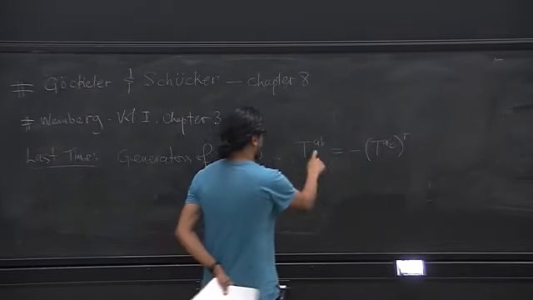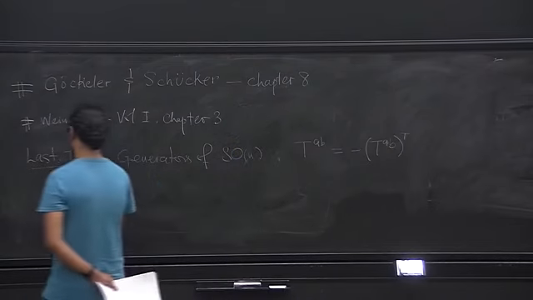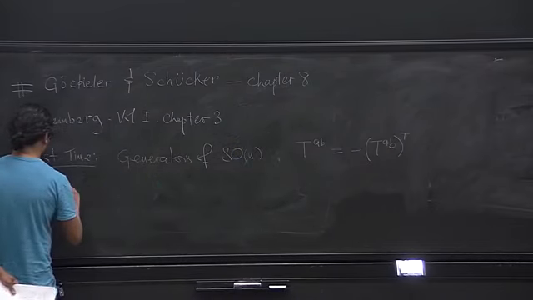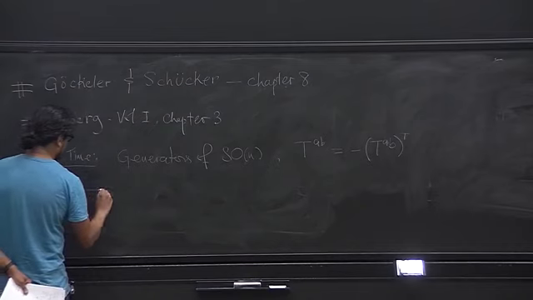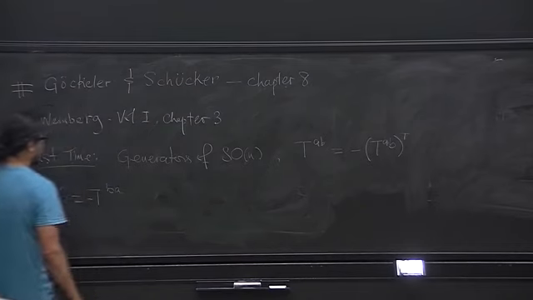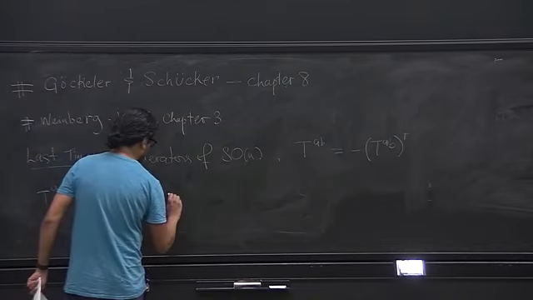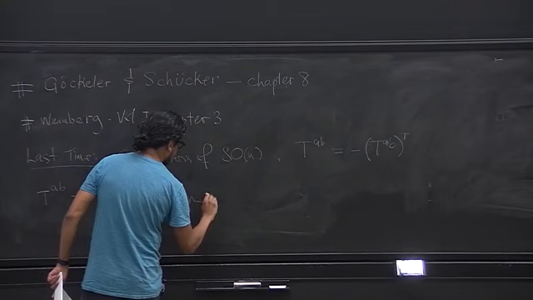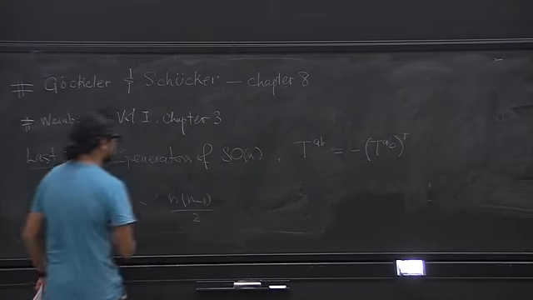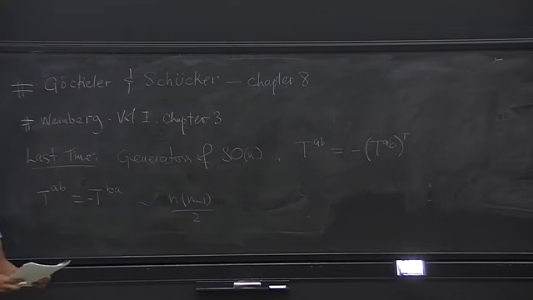And we labeled them with two labels in a clever way, where there were exactly n times (n minus 1) by 2 linearly independent matrices.